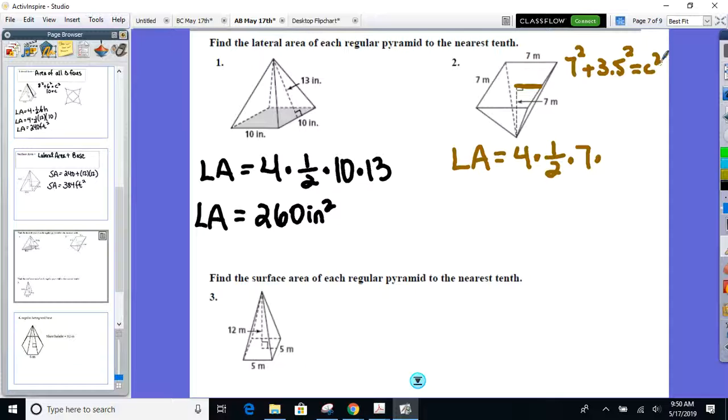When you finish that Pythag, you're not going to get a pretty number. You guys taking the square root of 61.25? Good. And we do have rounding directions. Nearest tenth.